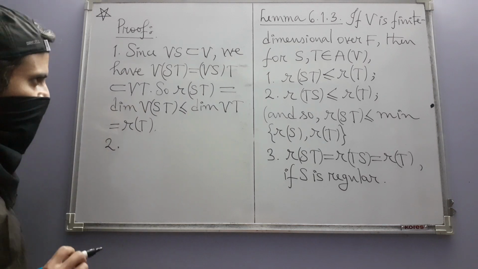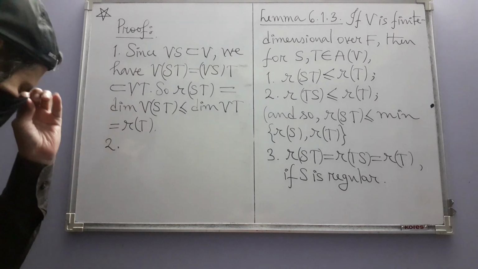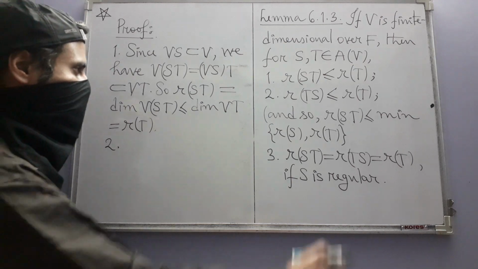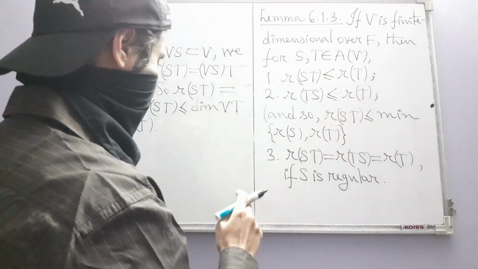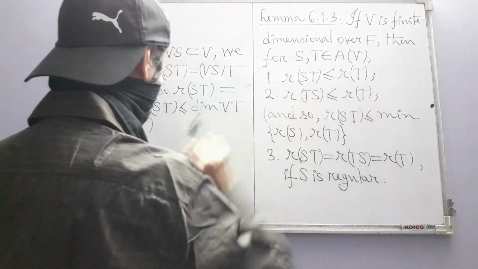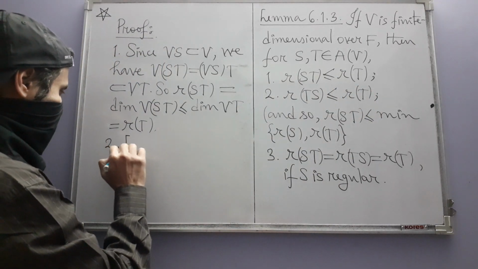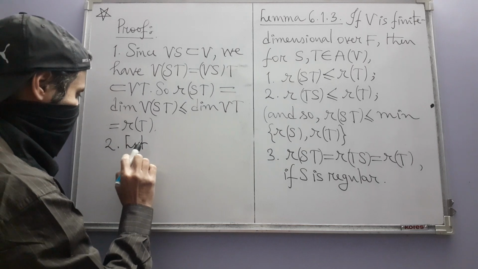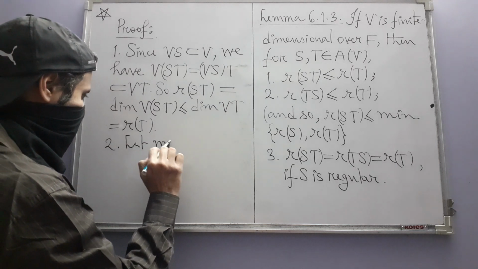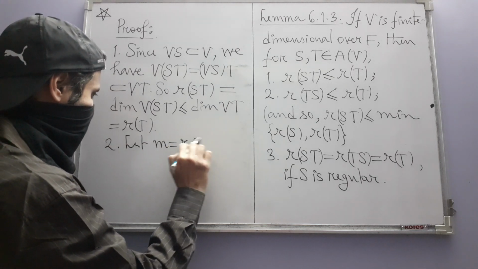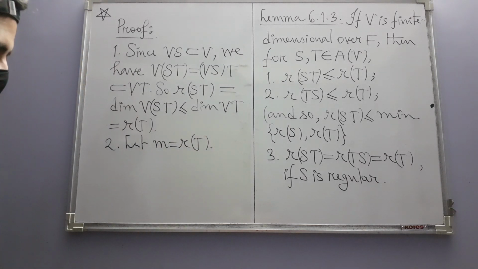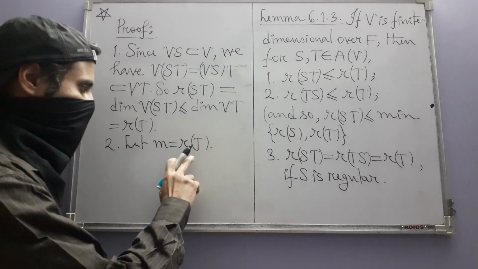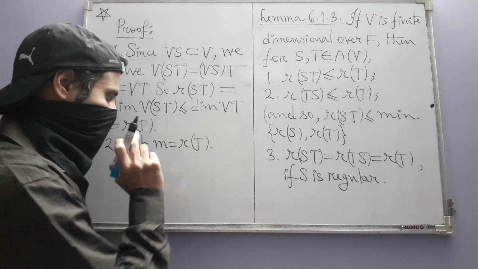For the second one, we have a slightly different thing. We have TS here and we still have T here. So in this case, we are going to consider this first. Let M be R of T. M is R of T means the range of T is M dimensional.